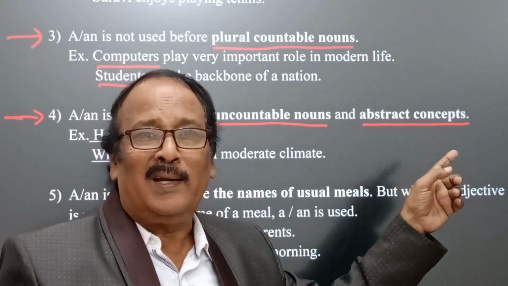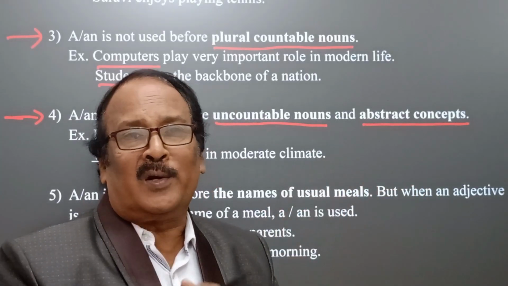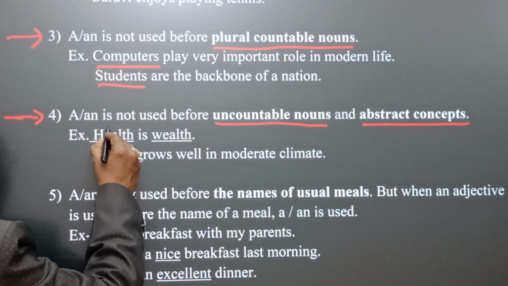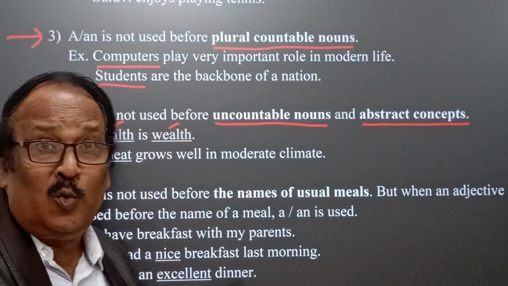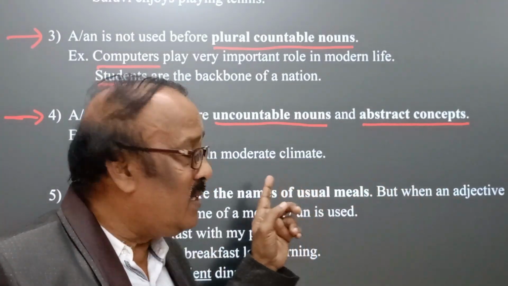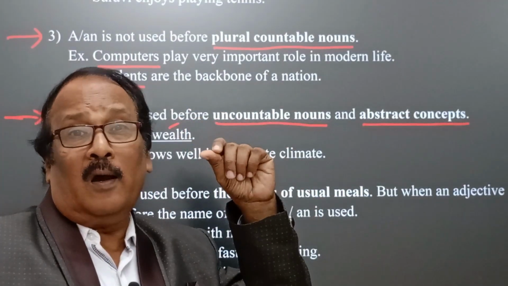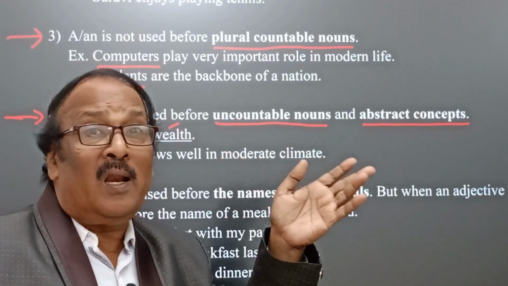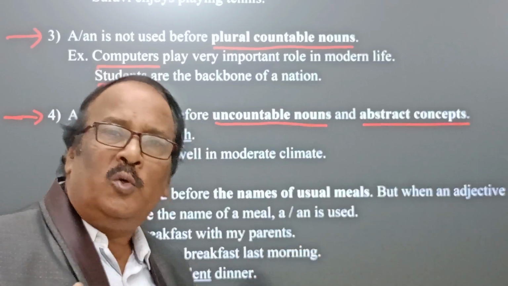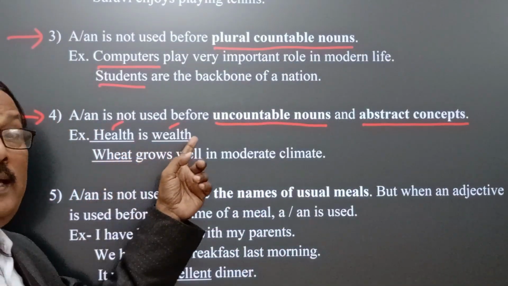Therefore here we find that love, hope, desire, okay, these are abstract concepts. Then see here, next, health is wealth. It is very true, because जान है तो जहान है. Health is wealth. Here we find health is what we call an abstract concept. We cannot just see it. Okay, you see, wealth is also an abstract concept, and that's why we cannot say a health is a wealth.